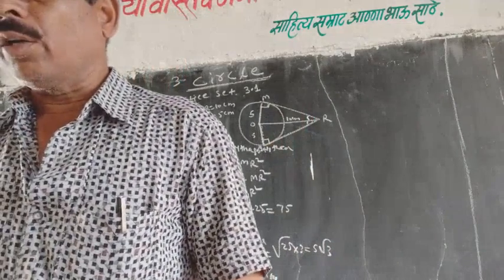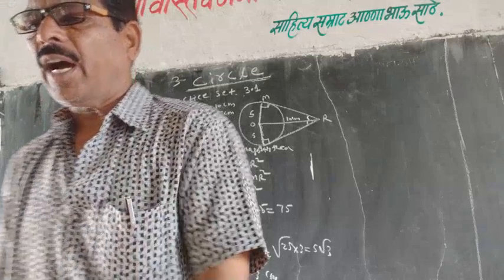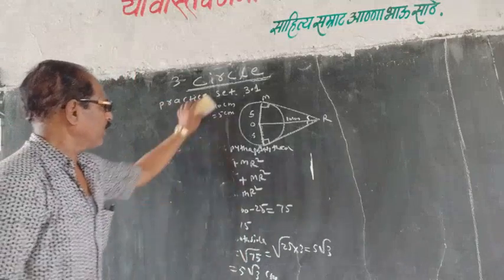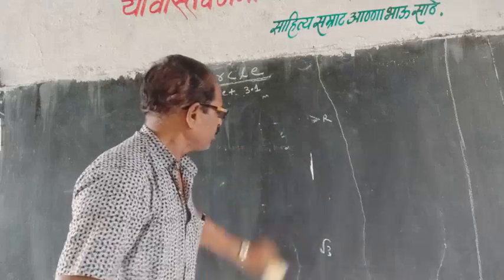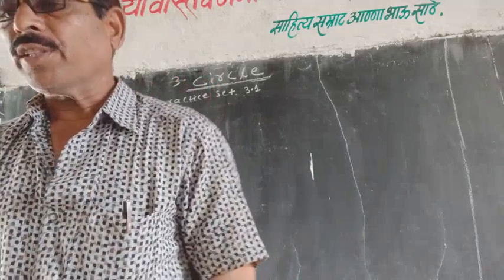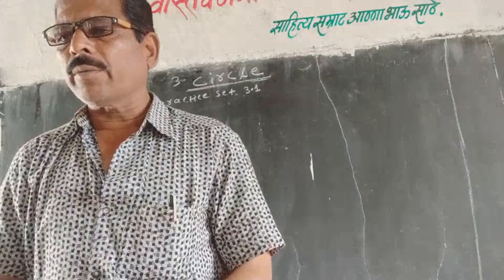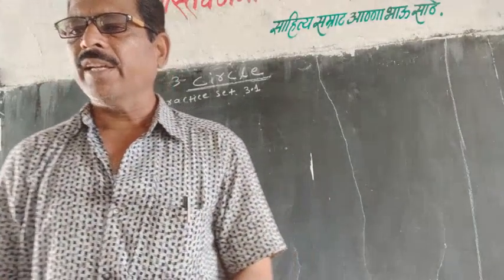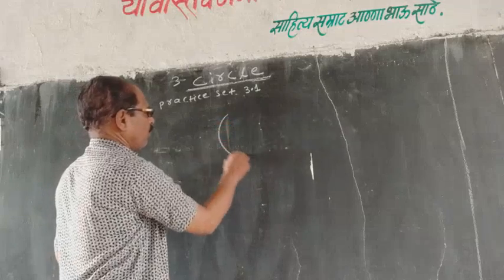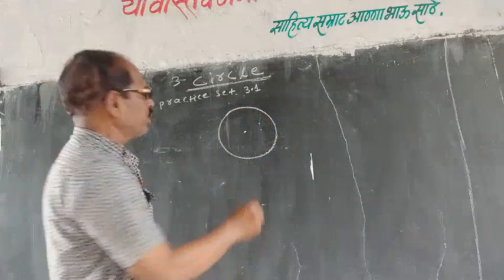Similarly, we can solve question number 3. Segment RM and segment RN are tangent segments of a circle with center O. Prove that segment OR bisects angle MRN as well as angle MON. First, we draw a figure. We have been given O is the center of the circle.